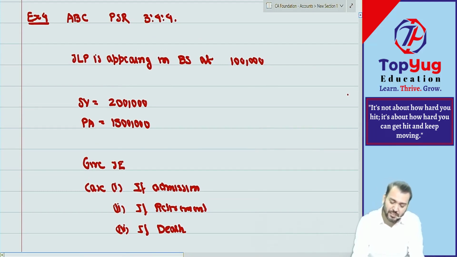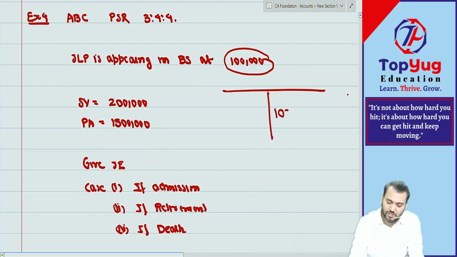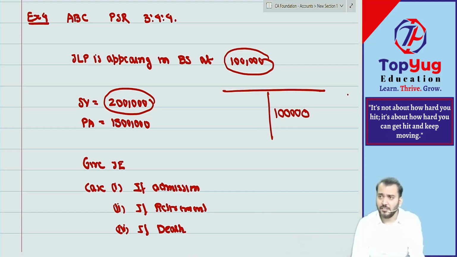It is appearing in the balance sheet at what amount? 1 lakh. But in case of admission or retirement, what do we do? First journal entry is what? Revalue JLP up to what? Surrender value. What is the surrender value? By what amount do we need to increase it? 1 lakh. Why cash? The question is silent.